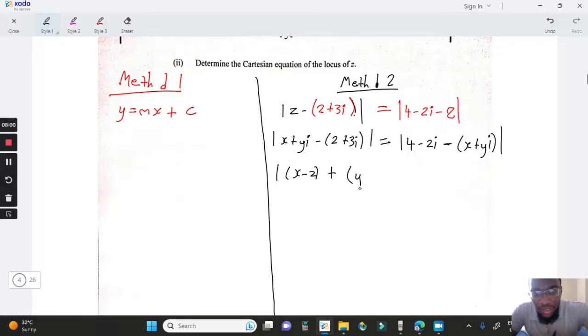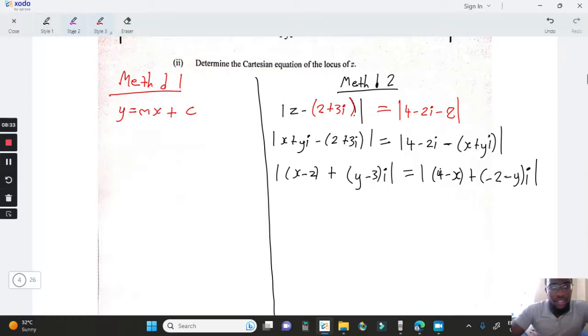Factoring out the i, this is y minus 3 times i, magnitude of that, equal to the magnitude of 4 minus x, plus in this bracket, minus 2 minus yi, so minus 2 minus y, bracket, i. That's it.